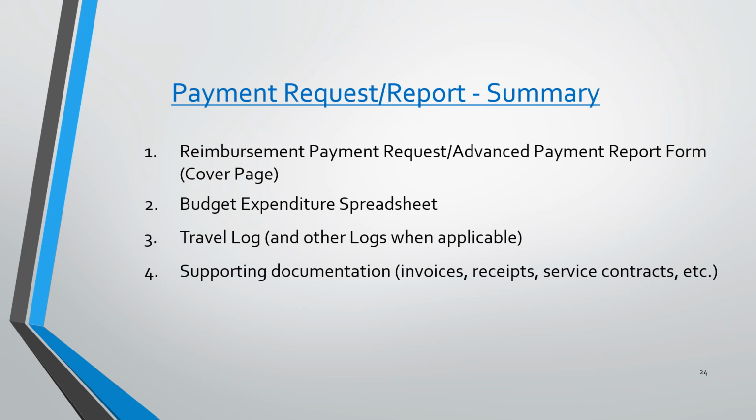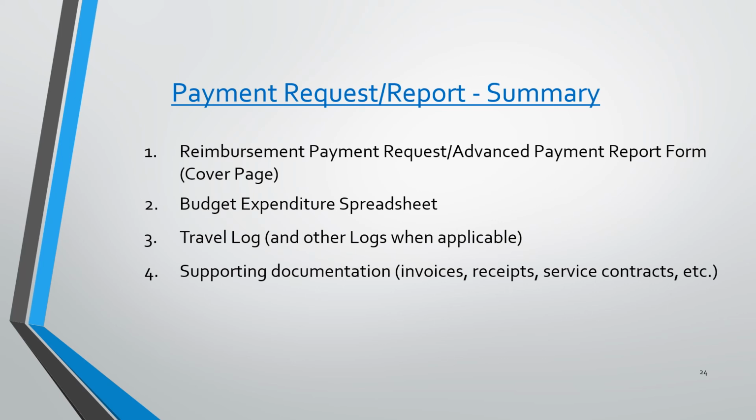So in conclusion, the first piece of paper that you will be submitting is the reimbursement payment request form or advance payment report form. That's your cover page. The next is the budget expenditure spreadsheet, followed by all the logs that apply to your grant.